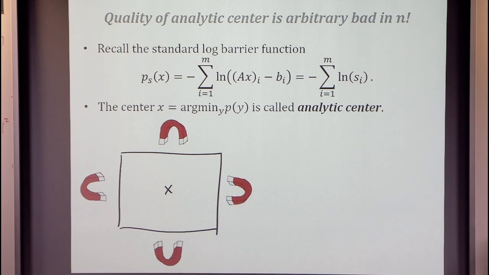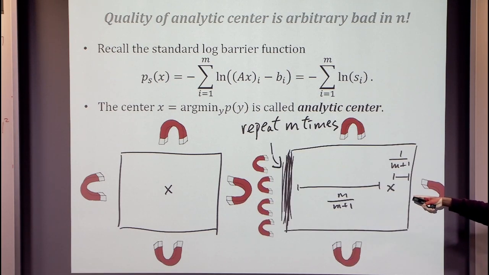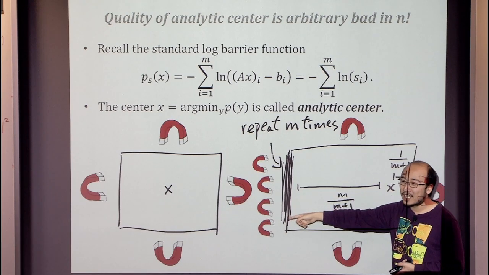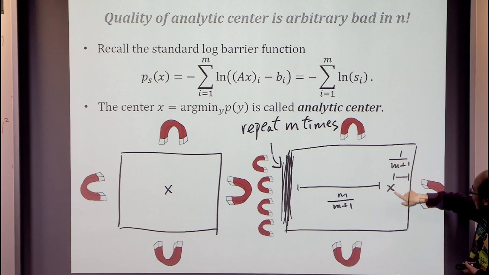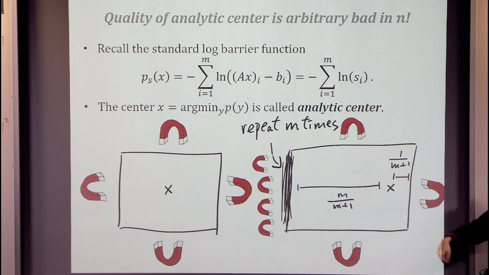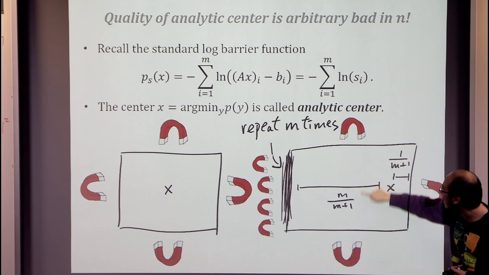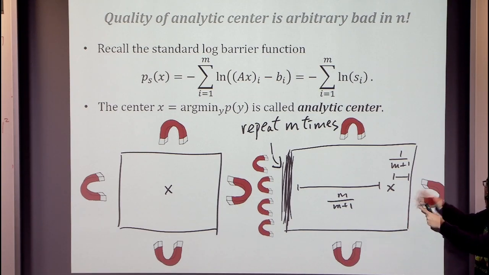The reason the log barrier function is bad is because you can repeat a certain constraint m times. Then you are like putting m magnets there, and your point will be pushed away. Here you will get pushed away by like 1 over m there. So the rounding here is really bad because the ellipsoid locally looks like this one. You need to enlarge it m times to cover the whole polytope.